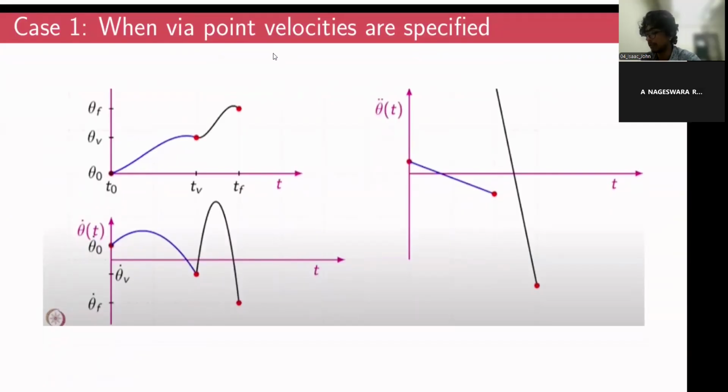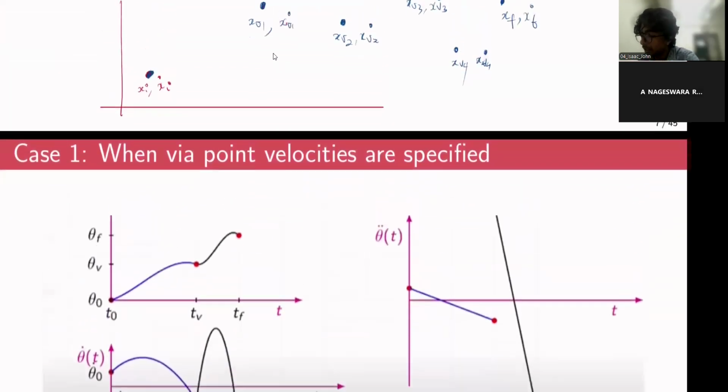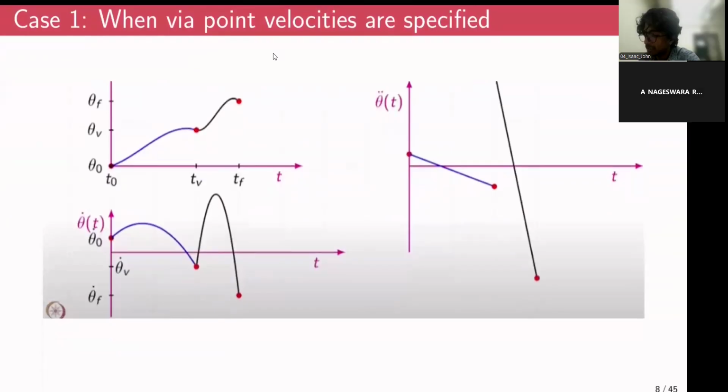So let's look at the implications. What implications do we have? If the velocities are specified, you essentially plan two independent trajectories. Maybe I'll call this section 1 and section 2. So as you can see, you basically have two independent trajectories.